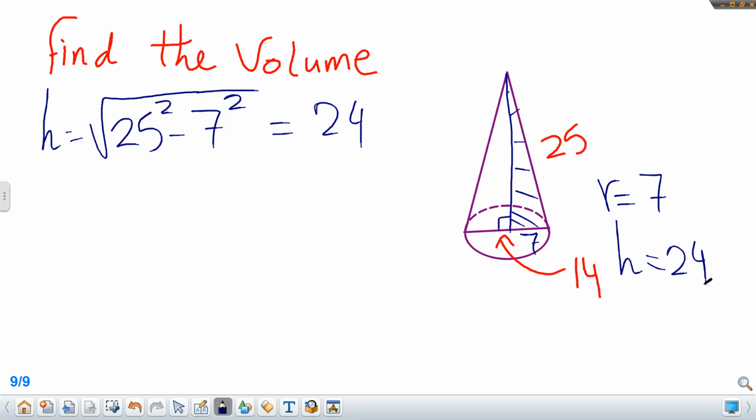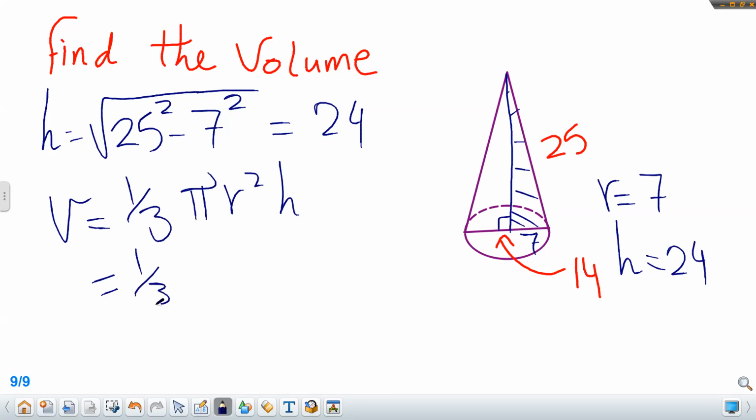How to find volume? Volume of the cone is 1 over 3 pi r square height. So we can say 1 over 3 times pi, don't substitute pi, times radius power 2, which is 7 power 2, which is 49, times height, which is 24. Then multiply 1 over 3 times 49 times 24.